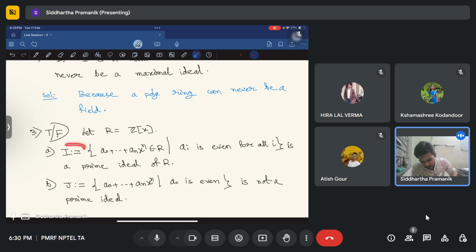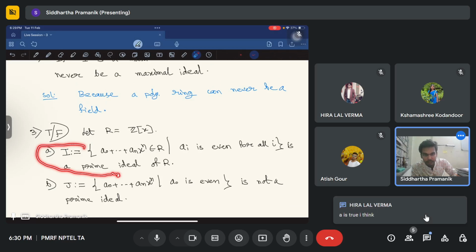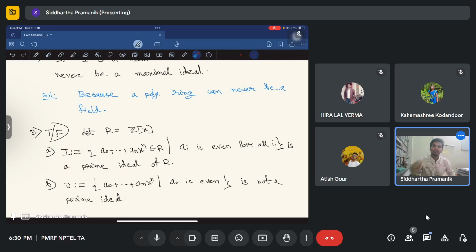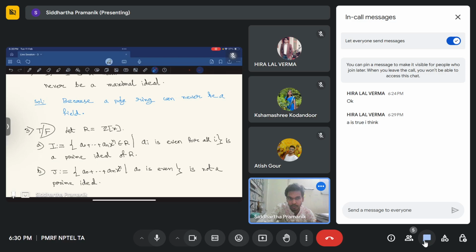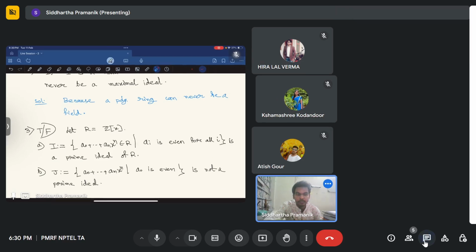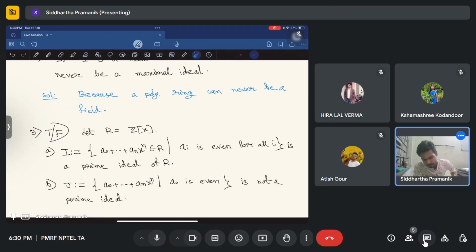So what about the first one? Is it a prime ideal or not? You can try; it is true. Can you give an explanation why it is true? You can use the definition of prime ideal to check if an ideal is prime or not.